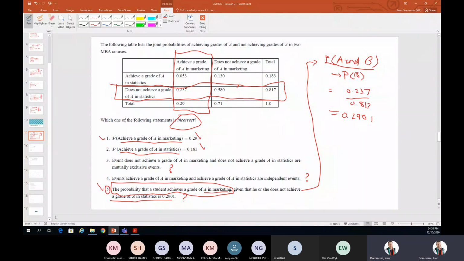Okay, so this one is also correct. Now it is more to do with one of these two. The event does not achieve a grade of A in marketing and does not achieve a grade A in statistics are mutually exclusive.